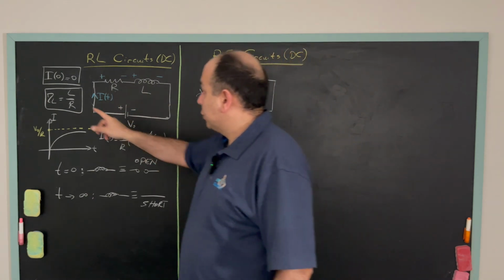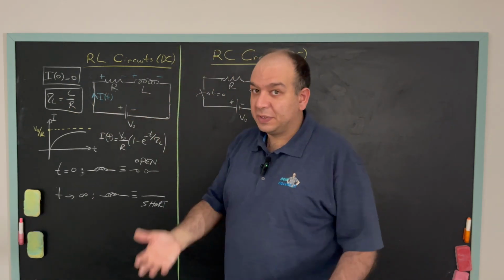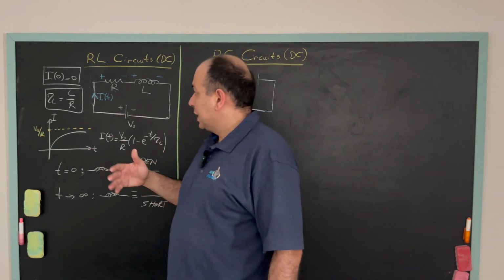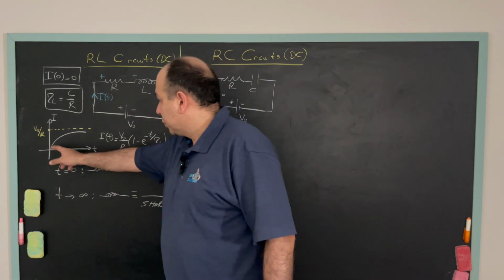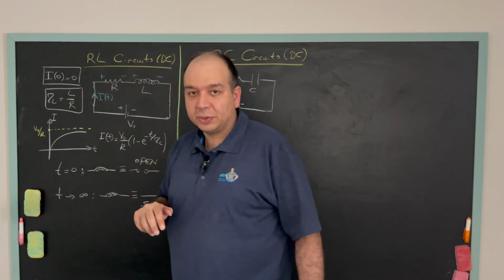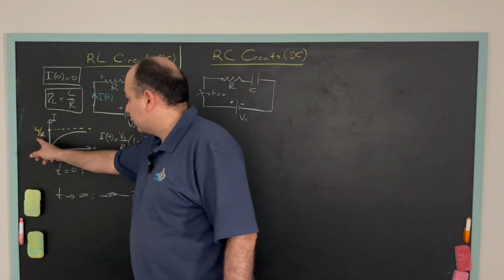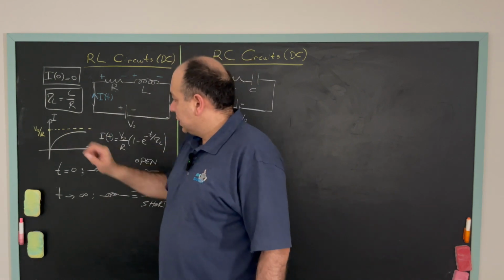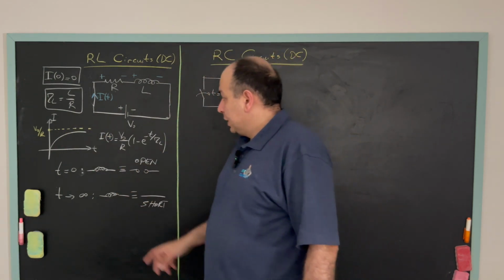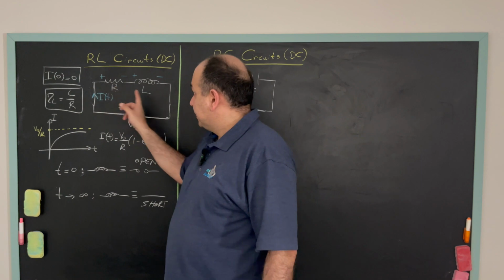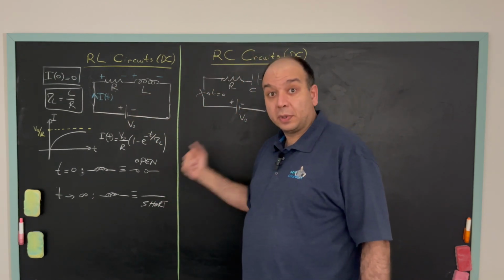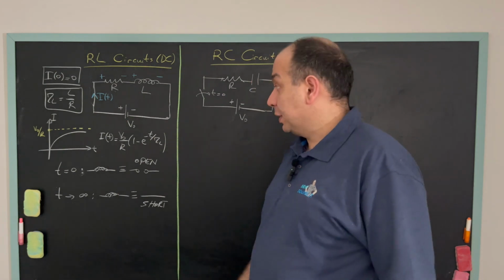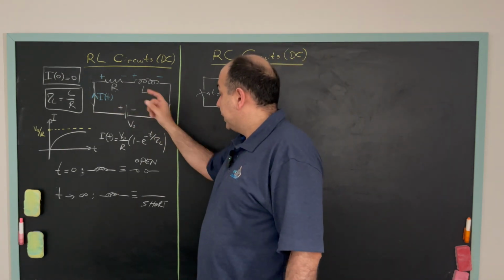Initially the current was 0 due to the presence of the inductor. As we let the time go, the current increases and approaches an asymptotic value, which is V0 over R. So this result suggested that when time t is equal to 0, the inductor behaves like an open in the circuit. So there will be no current running through this branch.